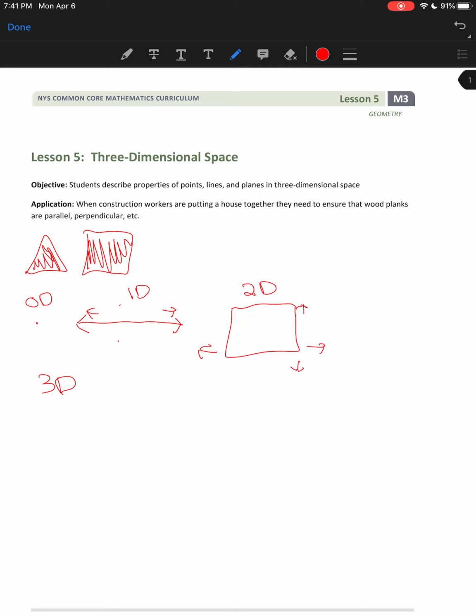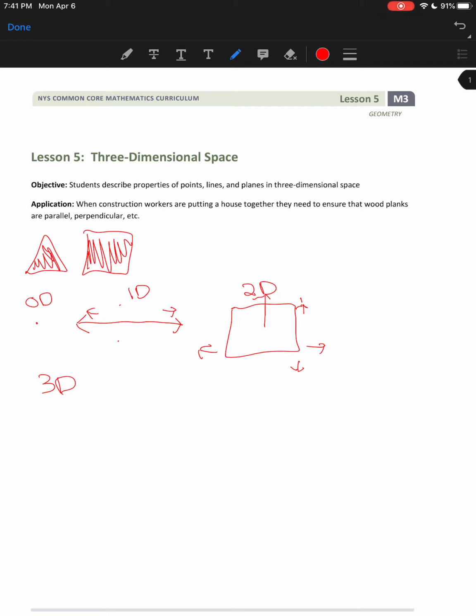A cube would, like if we look back at our square, a square only goes in these 2 different directions, up, down, or right, left. Whereas a cube, if you put a cube on a piece of paper, it would come towards you, right? It's hard to draw, but if you imagine a cube would somehow come up in a way, right? So a cube is an example of a 3D object.